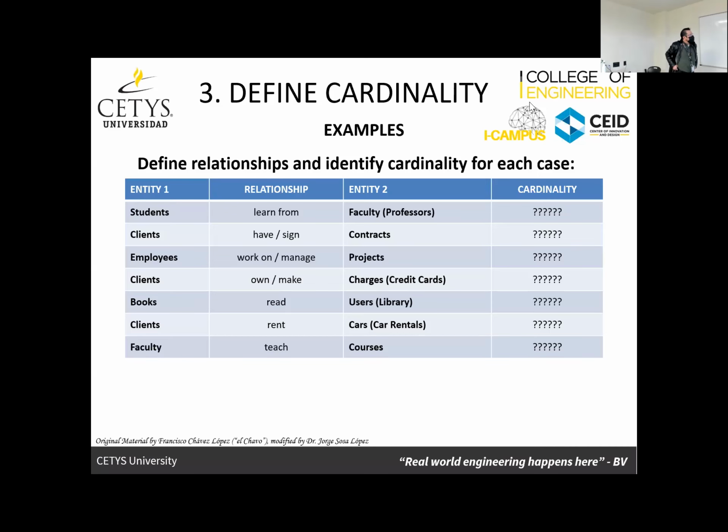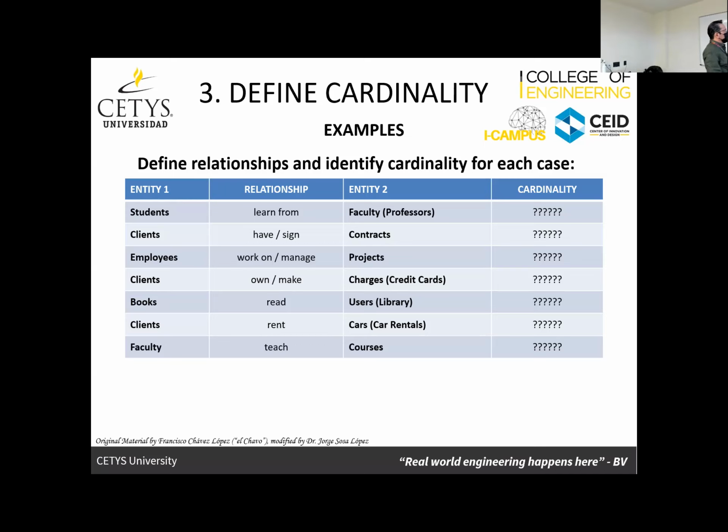We were talking about cardinality, and remembering that cardinality was establishing the associations done with the relationship, and seeing how these associations were with regards to the amount of entities that are involved.